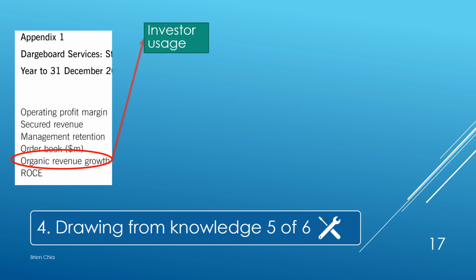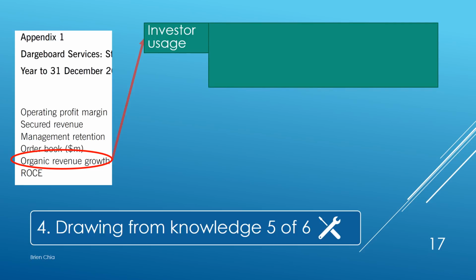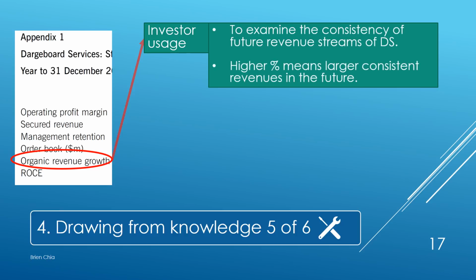So it is a revenue measure, and in this particular performance dashboard, there are quite a lot of measures which talk about revenue. You have secured revenue, you have order book, you have organic revenue growth. And in this case, we are looking at a higher percentage. That means an investor would want to see a consistent high percentage. It means the company is growing very fast as far as revenue is concerned.